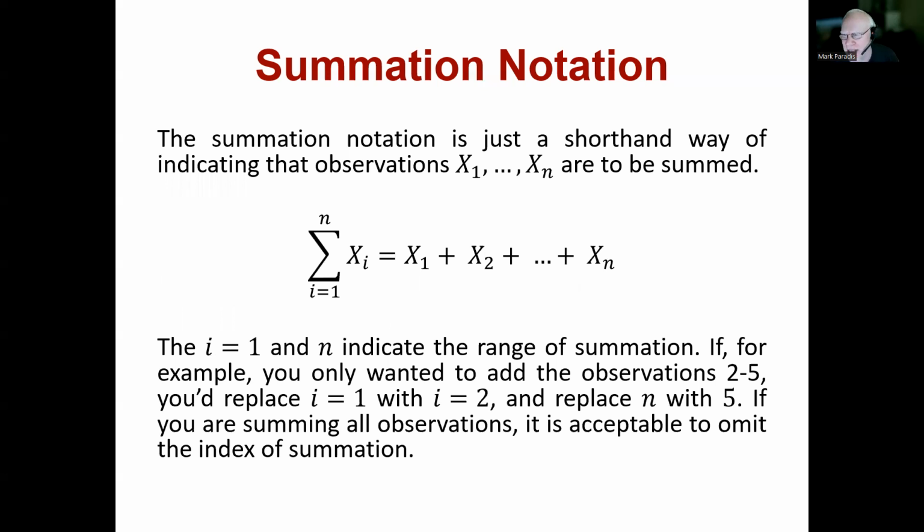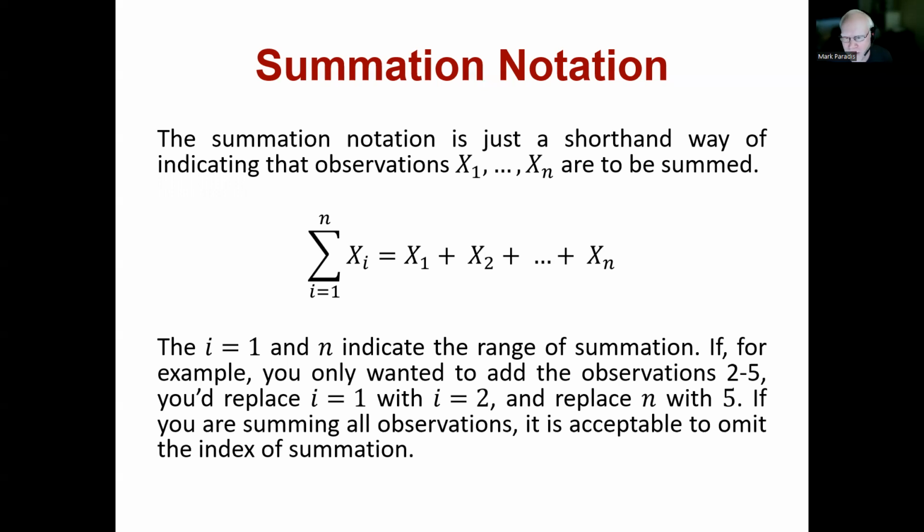The summation notation is just a shorthand way of indicating that observations X1 through Xn, so the first observation through the last observation, are to be summed, right? But rather than writing X1 plus X2 plus X3 plus X4 plus X5 plus X6 plus X7, and so on and so forth, even with 10 observations, that would take a while. If you're talking about a million observations, that would be completely unwieldy. So we need a way of shortening it.